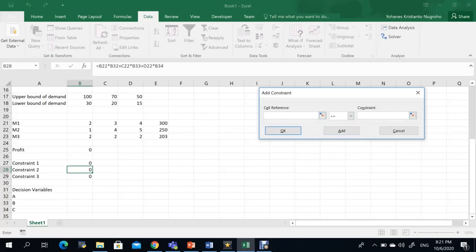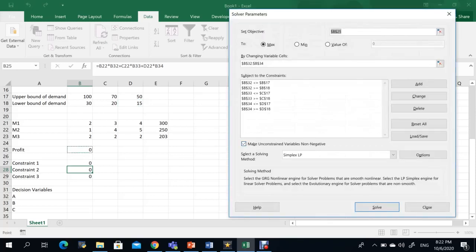We add again C should be less than or equal to 50, and again C should be higher or equal to 15. Is that correct? Let's check. B32 should be less than or equal to B17, 130.